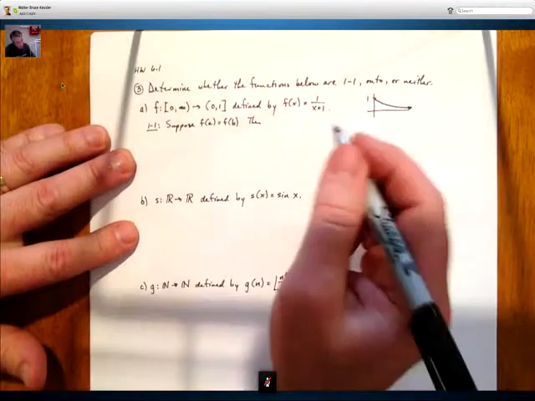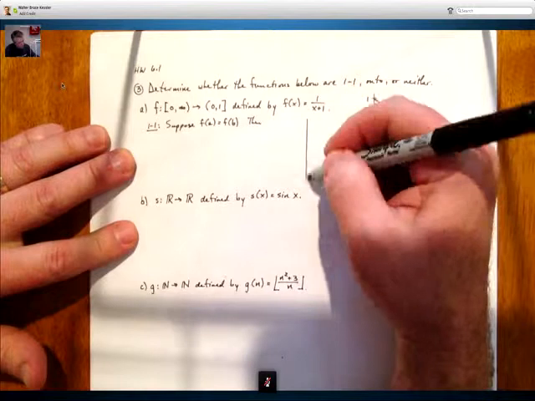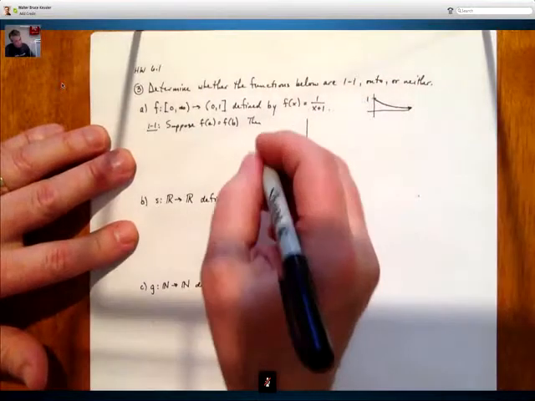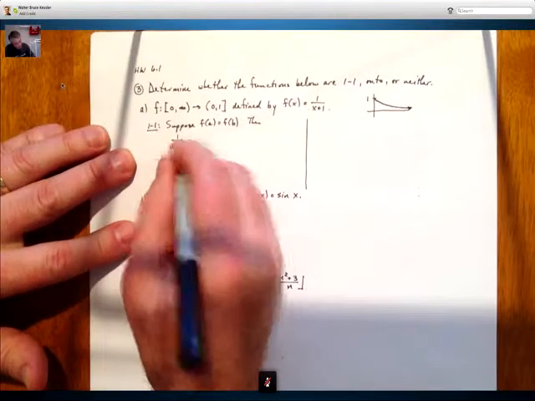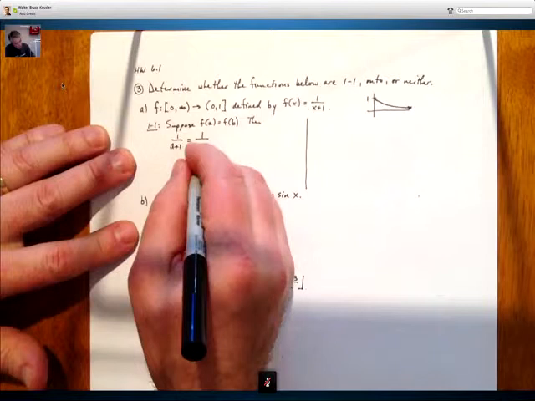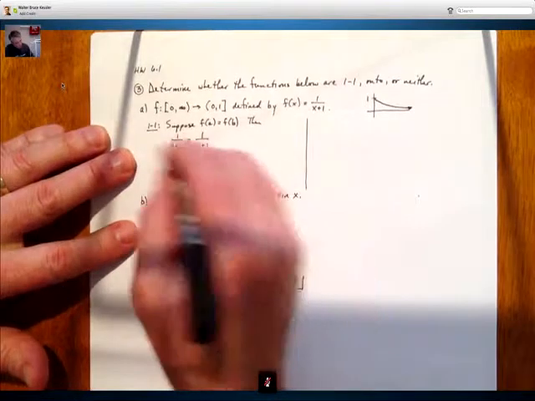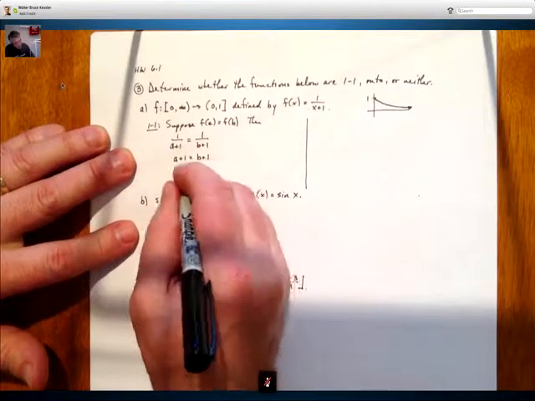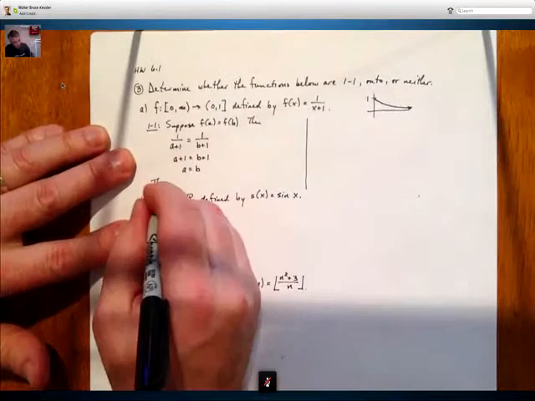Maybe I'll do one-to-one on this side and onto on that side. So then we've got 1 over a plus 1 equals 1 over b plus 1. But when you do the cross multiply thing, you get a plus 1 equals b plus 1, and a equals b.